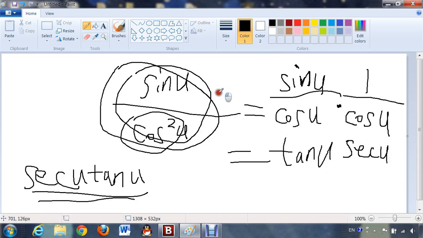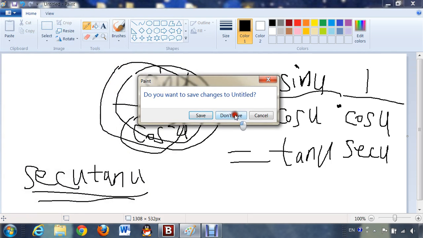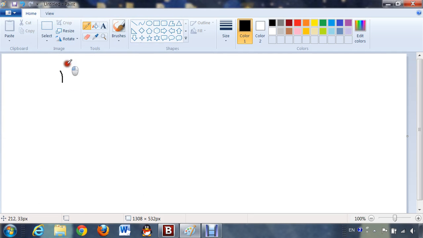And the concept of taking the derivative of the cosecant is the same thing. You just use the quotient rule. First, okay, you know what? Let's write it on paper. Okay, first you will write everything in terms of sine and cosine.